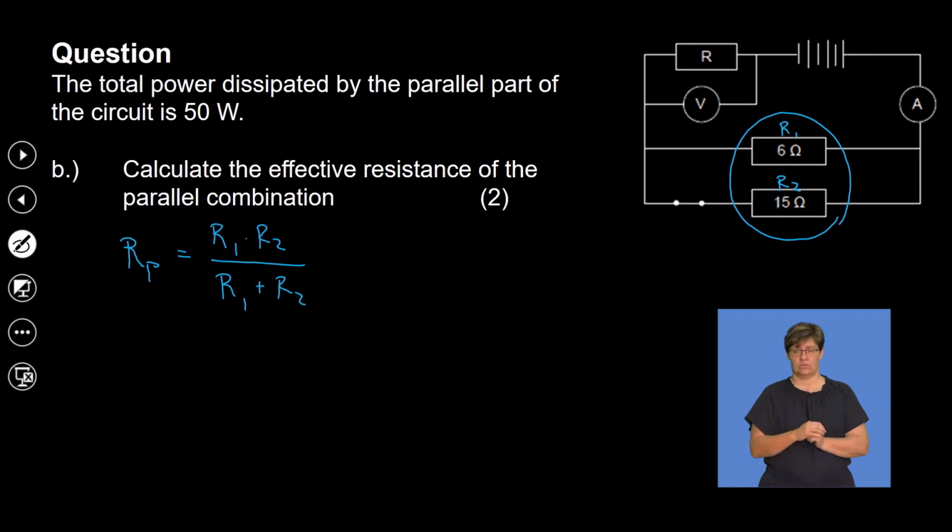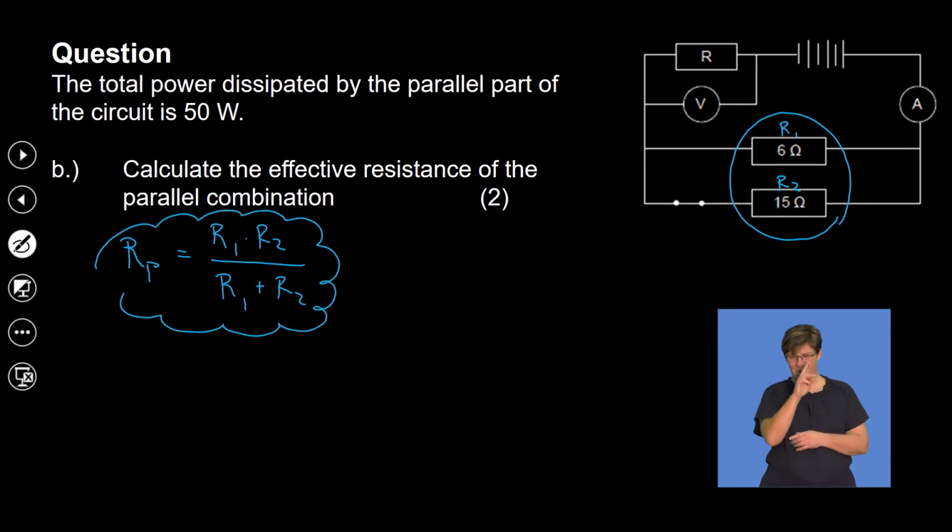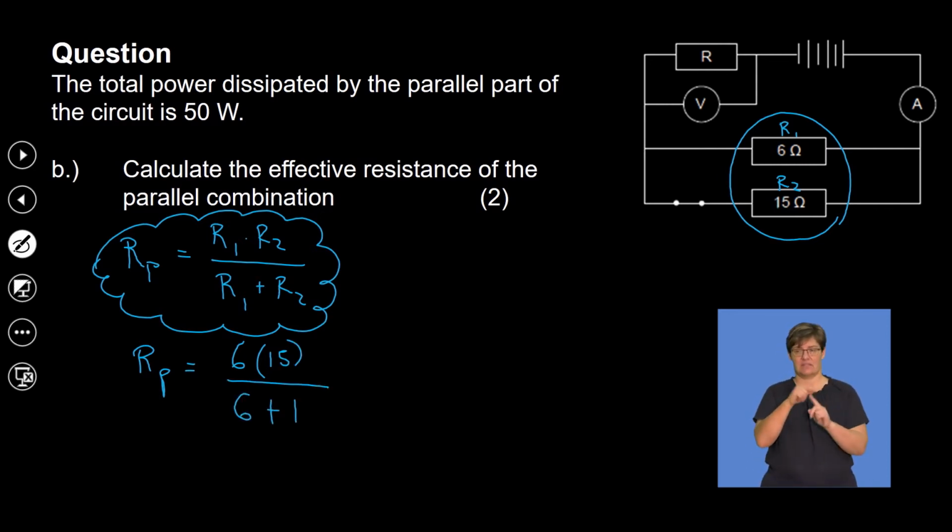This is applicable only when two resistors are connected in parallel. If it's a combination of more than two resistors connected in parallel, this formula may not be used. So we've got R parallel equals 6 multiplied by 15 ohms, divided by the sum of those two, 6 plus 15.